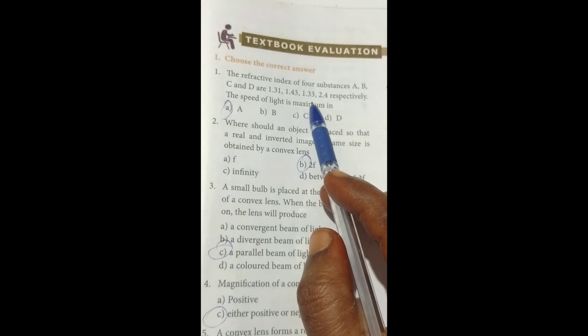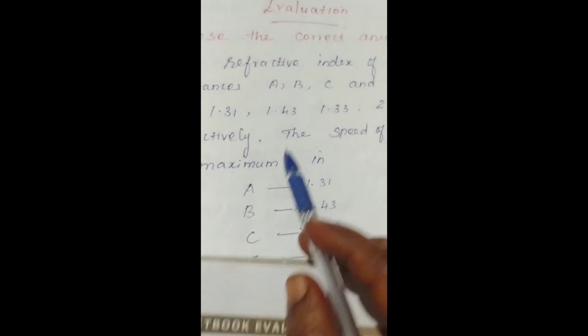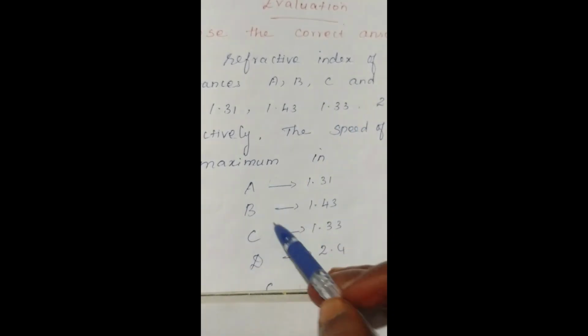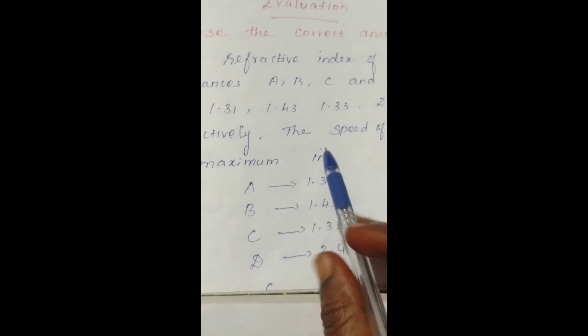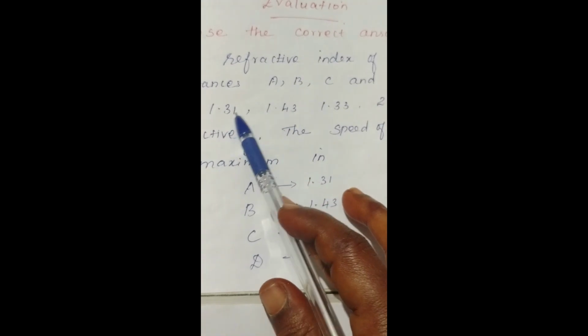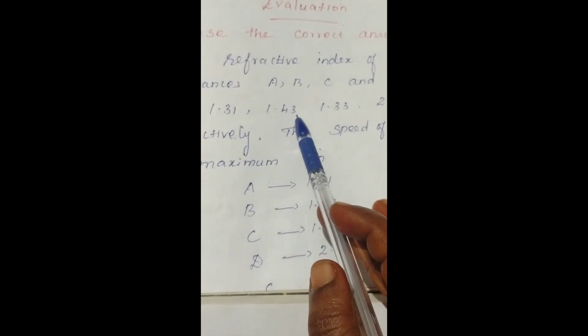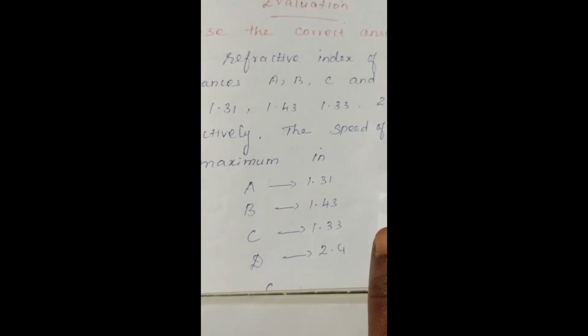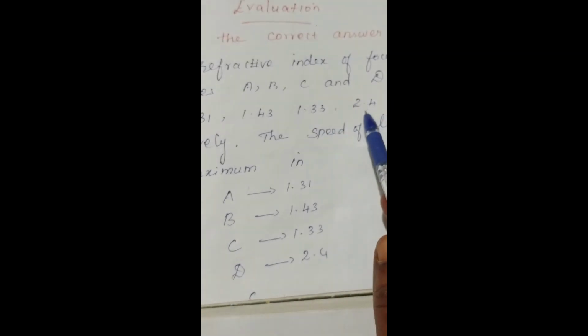So how to find this value? Listen here. First you have to write the 4 media A, B, C and D, and each refractive index value. For medium A 1.31, for medium B 1.43, medium C 1.33, and for medium D 2.4.